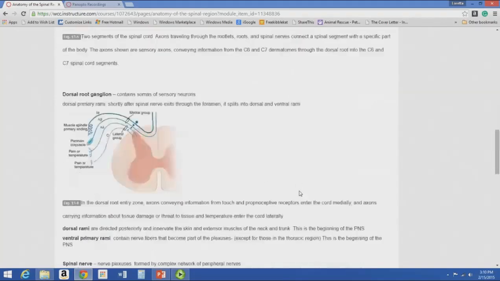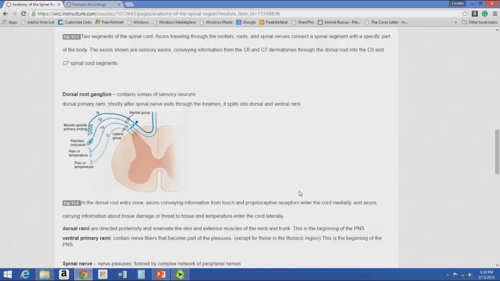So there's a little diagram of the dorsal root ganglion, or what they call the dorsal root entry zone, and it just shows some of those nerve fibers that we talked about in Chapter 6, the muscle spindle 1As and the A betas, A deltas, and Cs, and how they're going into the dorsal root ganglion.